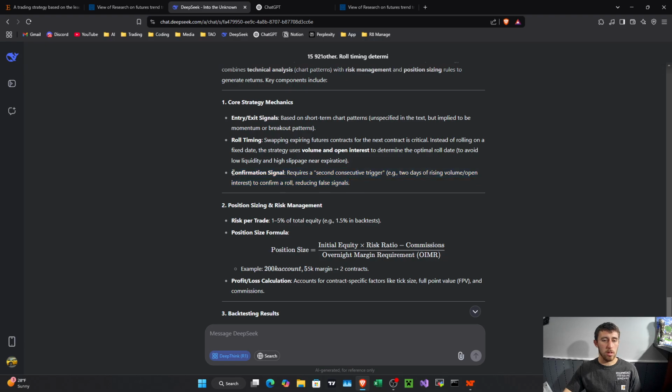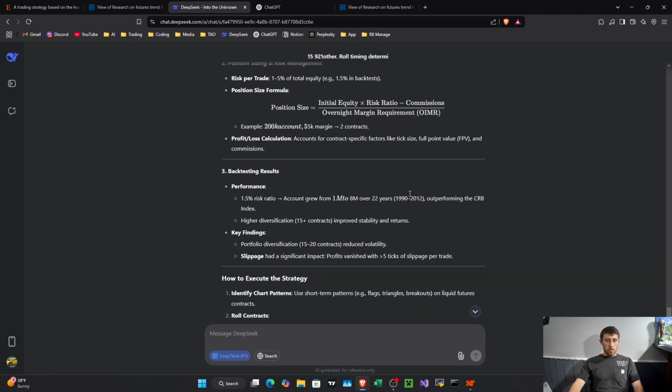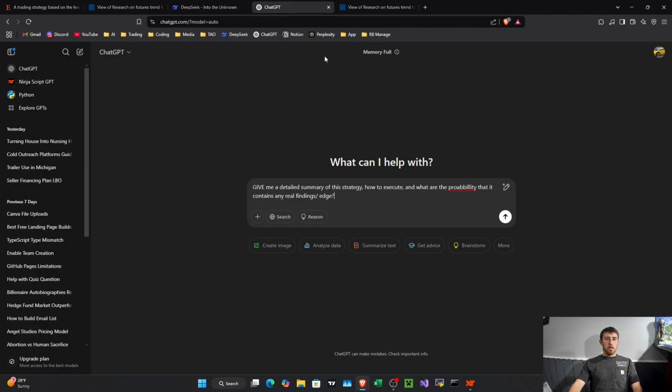Okay, so here is one of the signals, a confirmation signal. A second consecutive trigger. So 2 days of rising volume open interest to confirm a roll. Well, I don't know what a roll is. All right, position sizing. So this comes in, right?